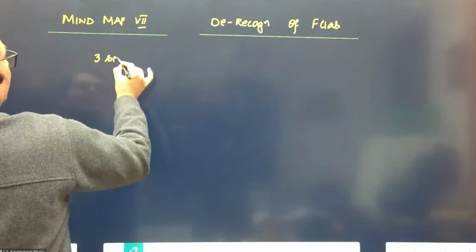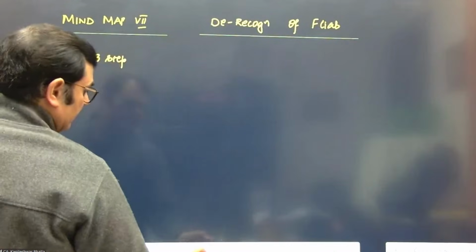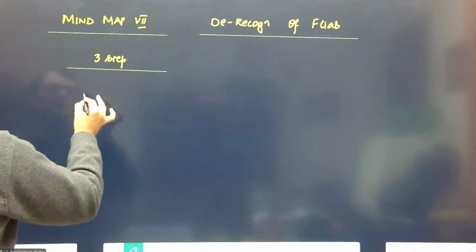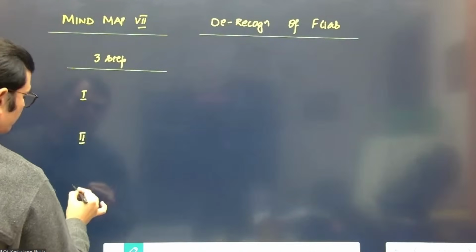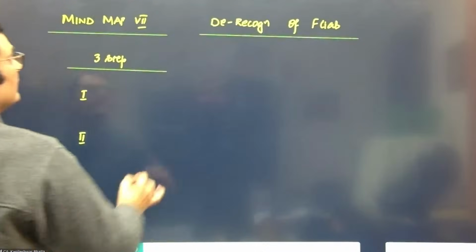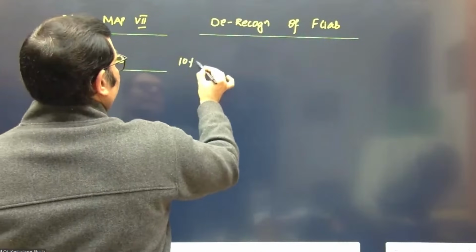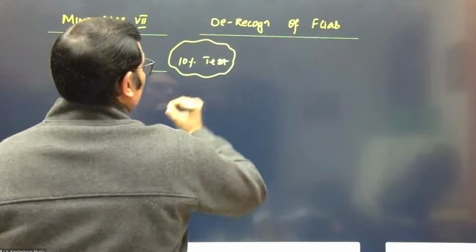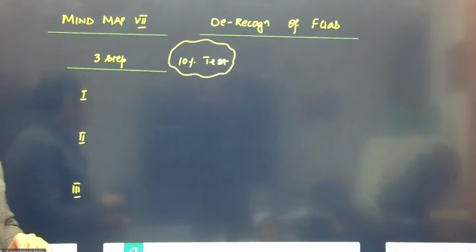So you need to apply a 3-step test in order to decide what kind of accounting will trigger. So step number 1, step number 2, and step number 3. This is the 10% test to be conducted, which will decide the kind of accounting which is applicable in this case.